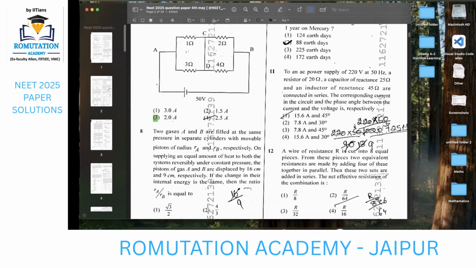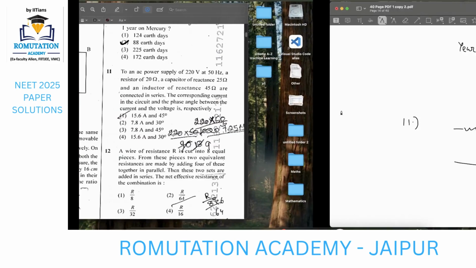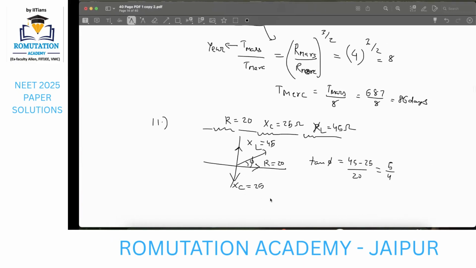I was asked what is the current in the circuit. So for current, the effective impedance of the total reactance will be given as the square root of R square plus XL minus XC whole square, giving all the phasor treatment. So I think this number should turn out to be 20 square plus 45 minus 25 whole square.